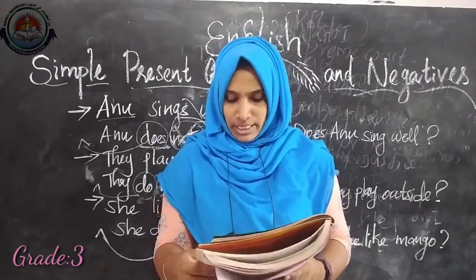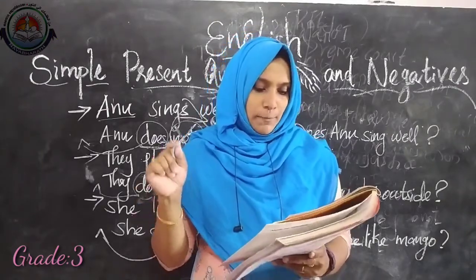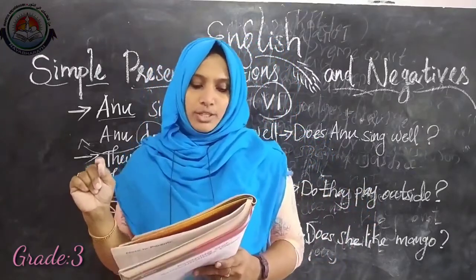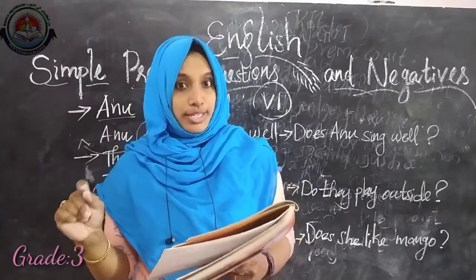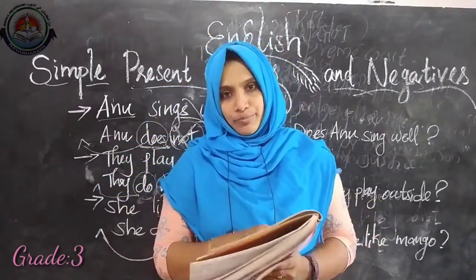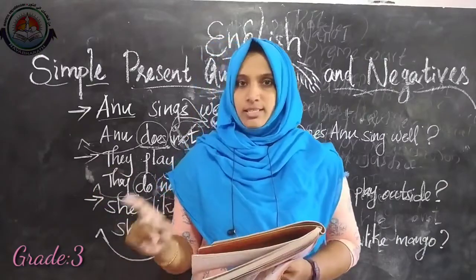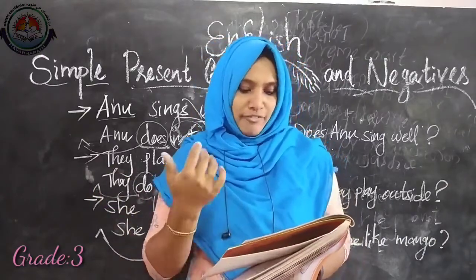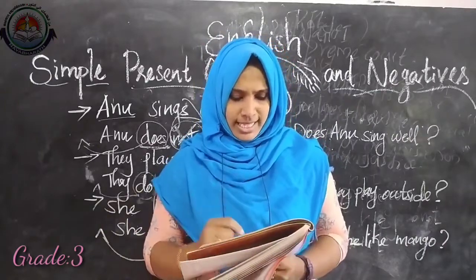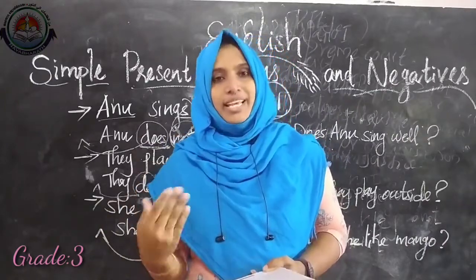Practice question number 3. See the question. Make the sentences mean the opposite thing by adding do not or does not. So here, she likes to eat healthy food. Do not or does not? Yes, does not. I run every morning. Yes, I do not.